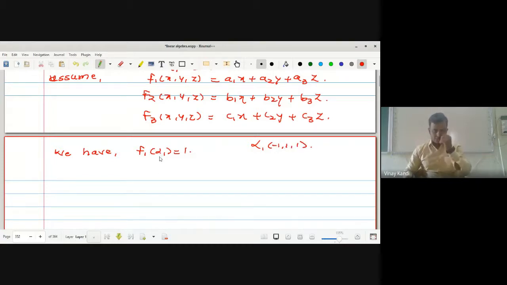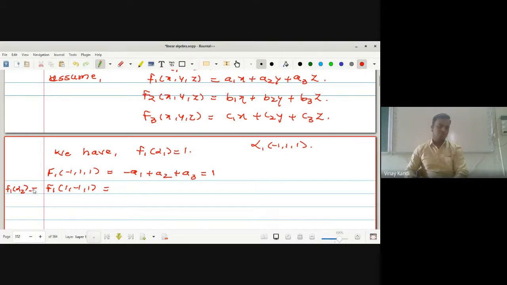Put alpha 1 here. So f1 of (-1, 1, 1) is equal to minus a1 plus a2 plus a3, which is equal to 1. Now f1 of alpha 2 is equal to 0.